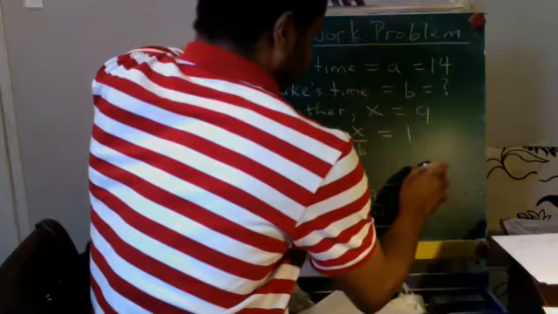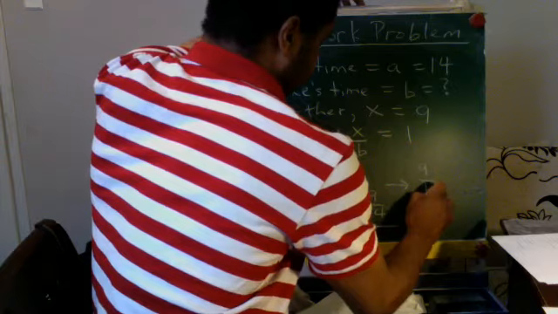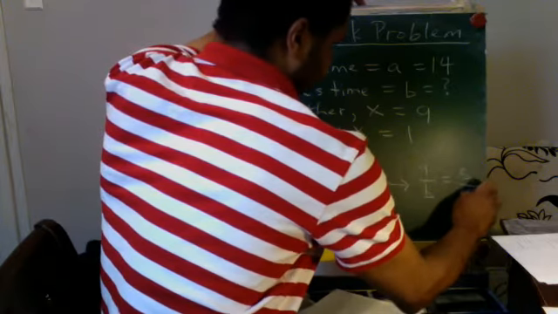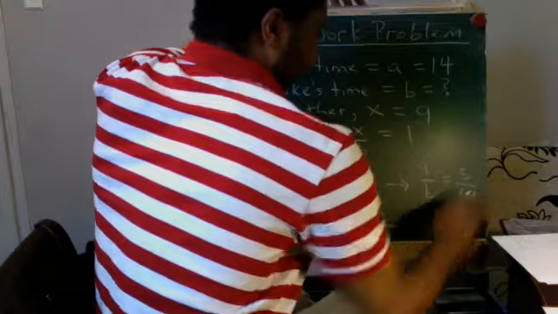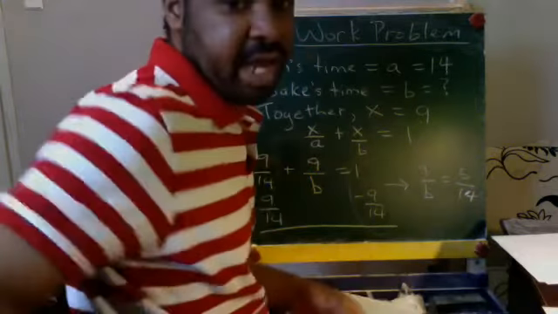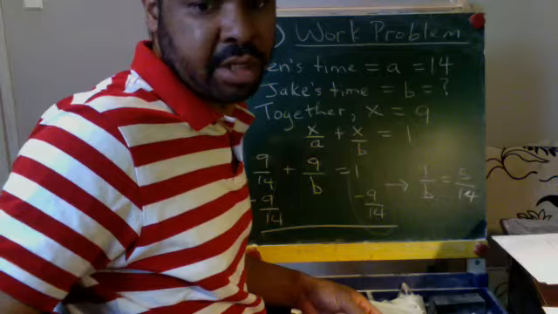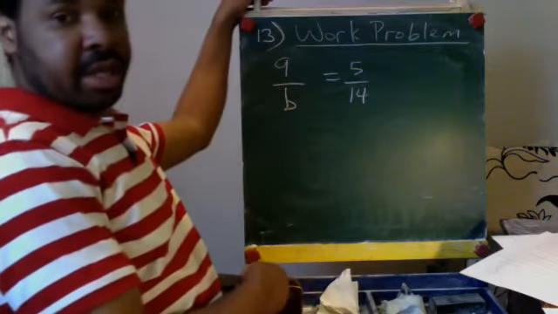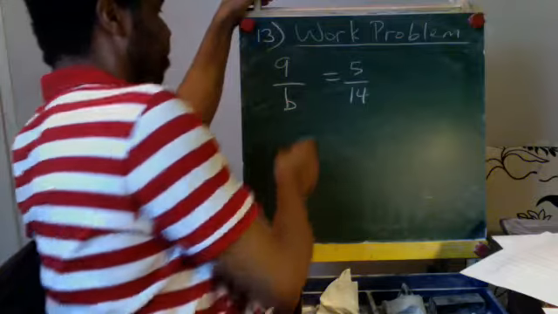So that tells us that 9 over B is equal to 5 14ths. Again, this is from middle school fractions. So 1 minus 9 over 14 is 5 over 14. So we have that 9 over B is equal to 5 over 14.